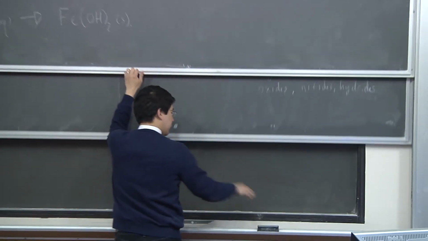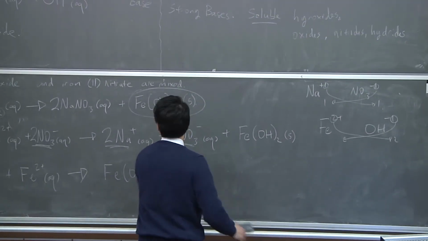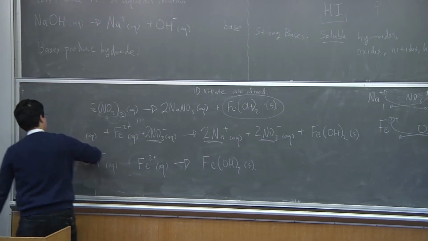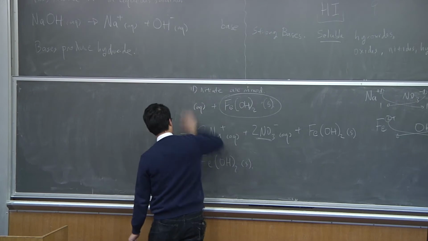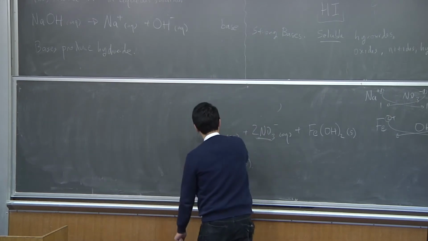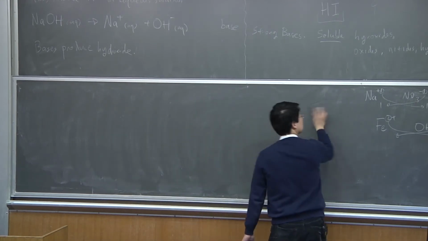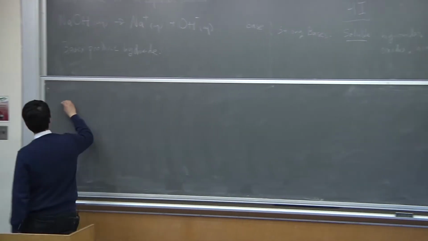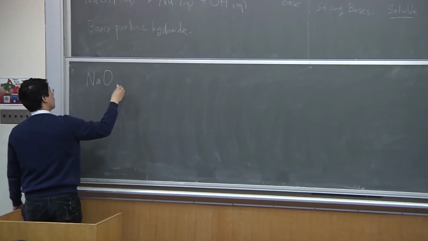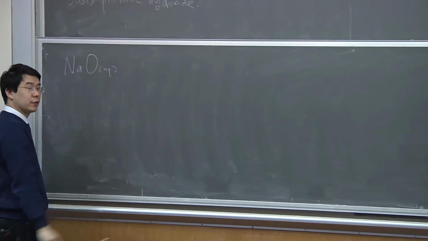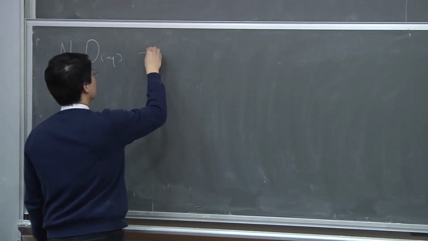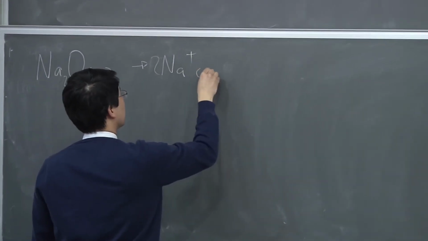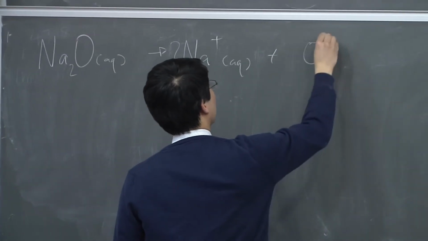So if you have an oxide, let's say you have sodium oxide, right? When that dissolves, what's that going to give you? That's going to give you Na2O, right? So 2Na+ and O2-.